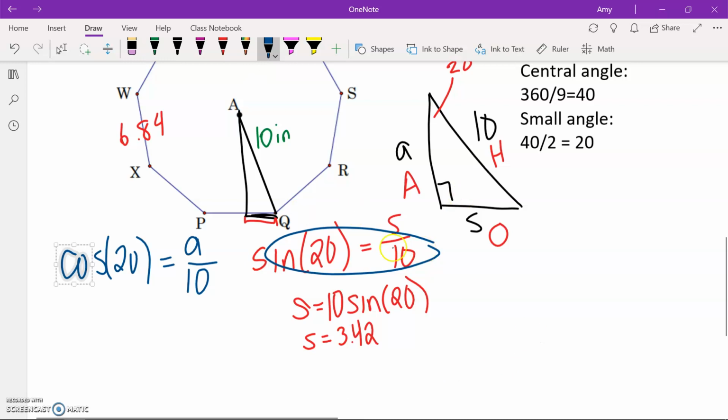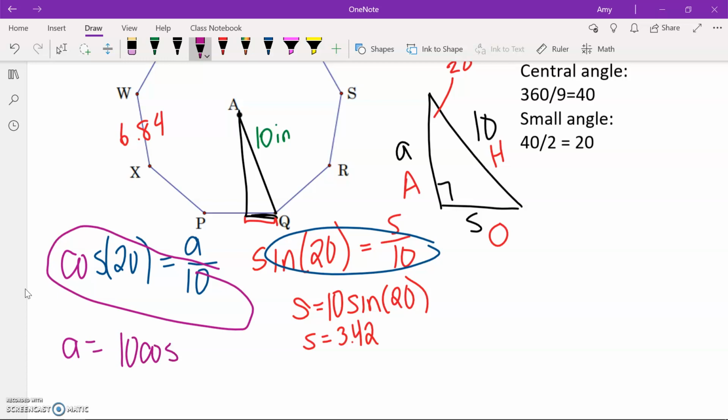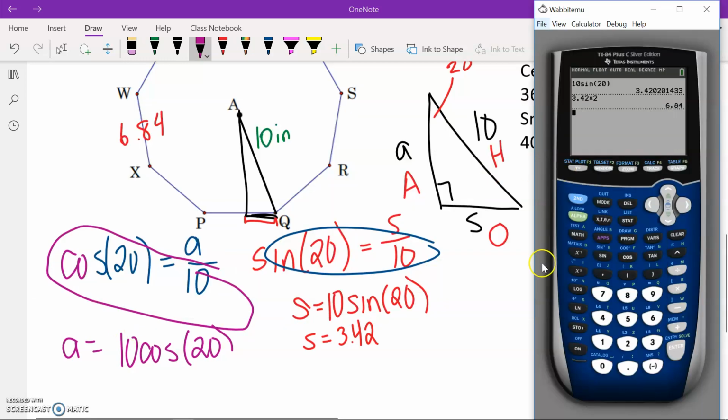The setup is actually just like the previous one, where now I can multiply these two together, and we're going to get a equals 10 cosine of 20. And I can take my calculator and do 10 cosine of 20, and I get 9.397.